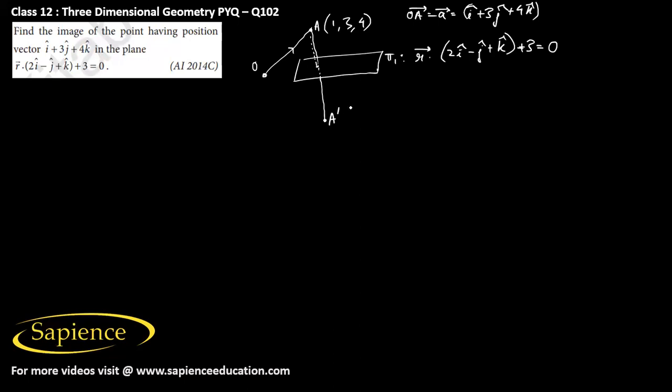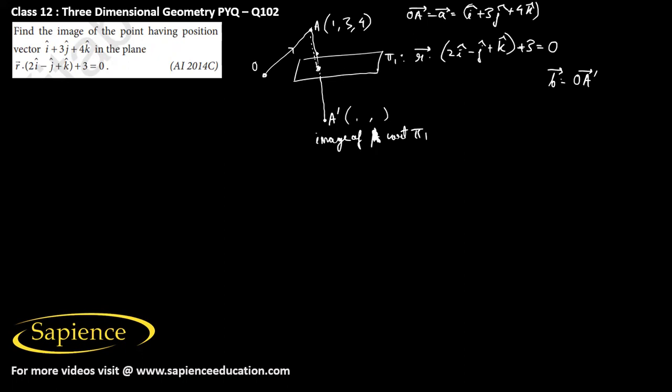We have to find the coordinates of the point A dash, and also the position vector, which is OA dash. That also we have to find. So A dash is the image of the point, sorry, it is the image of the point A with respect to this plane pi1.